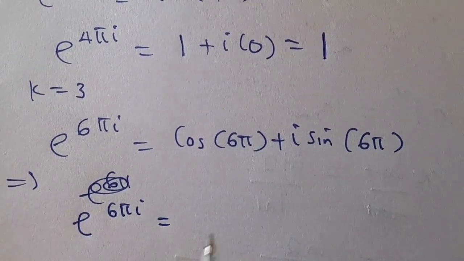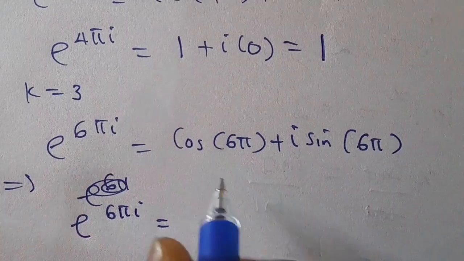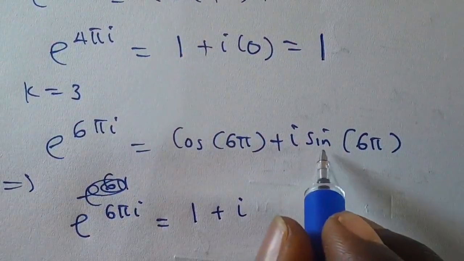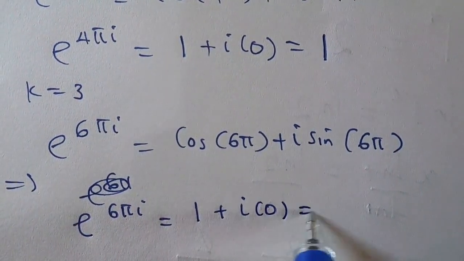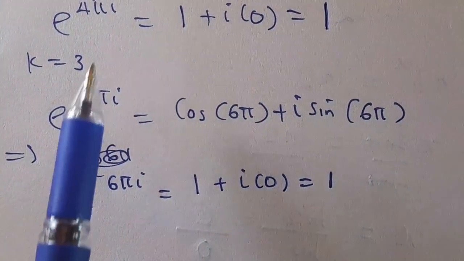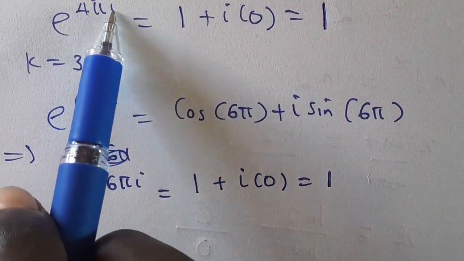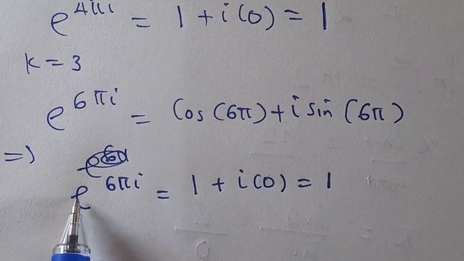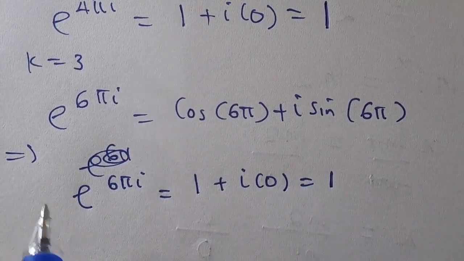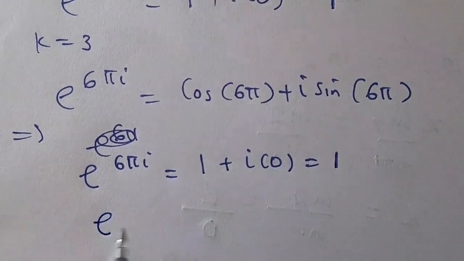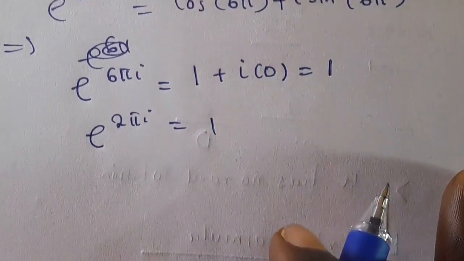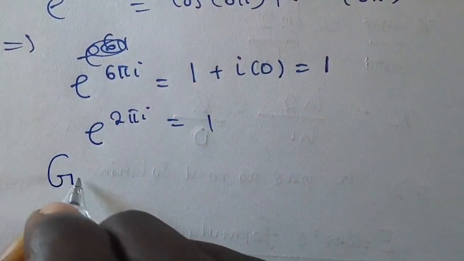This cos 6 pi will also give us 1, plus i multiplied by sine 6 pi, which will give us 0. This also equals 1. You can see what will happen now. We have e to the power of 4 pi i equals 1, e to the power of 6 pi i equals 1, and likewise, e to the power of 2 pi i equals 1 as well.